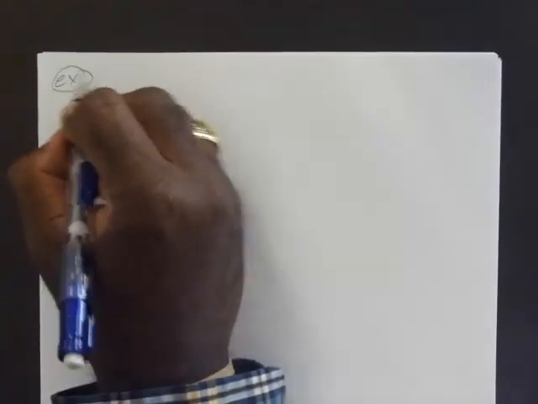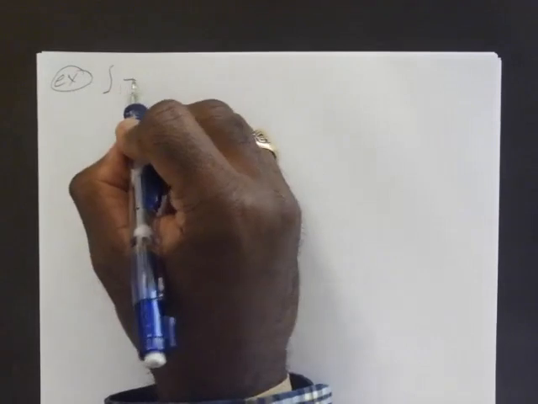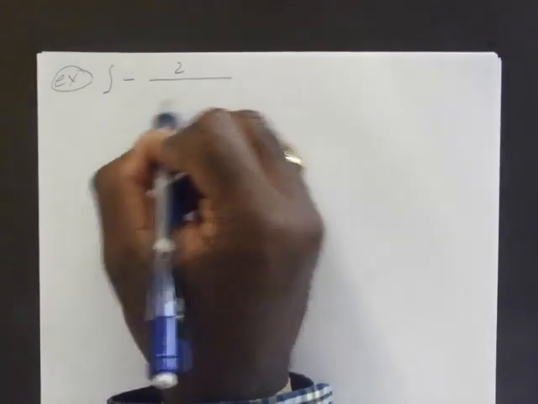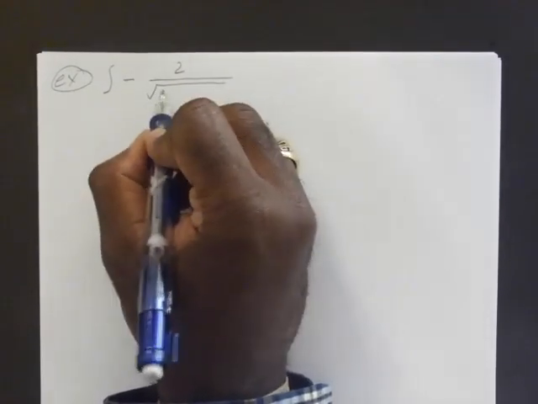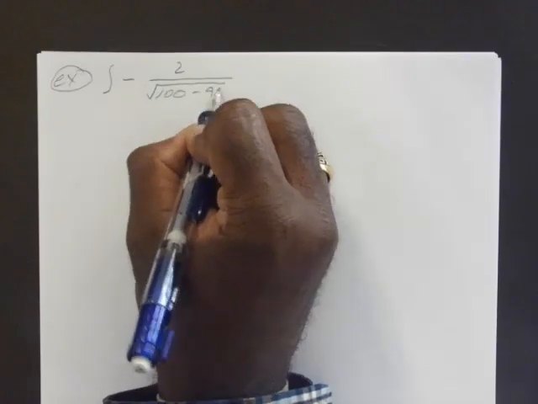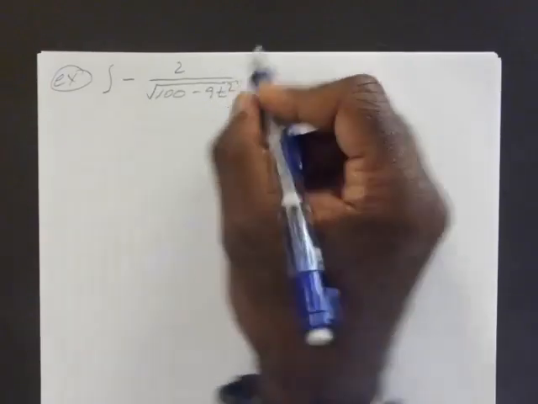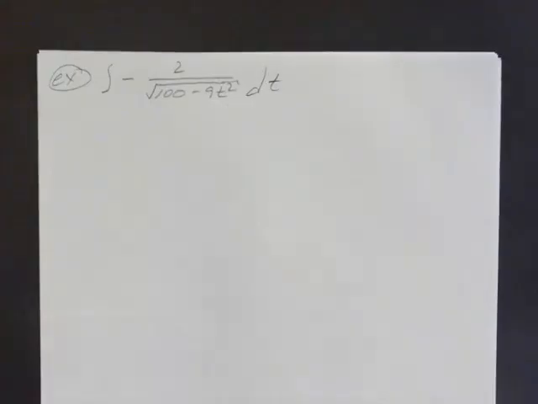All right. Let's say we wanted to find the integral of -2 divided by the square root of 100 minus 9t squared with respect to t.